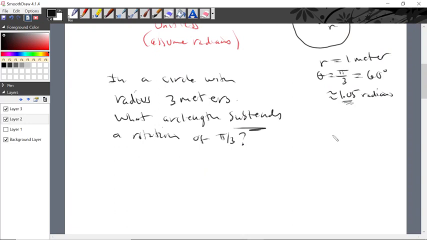So the picture would look like the same picture, only labeled with a different radius. So here's r, and now we have r equal to 3 meters.